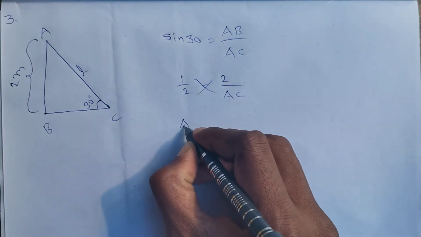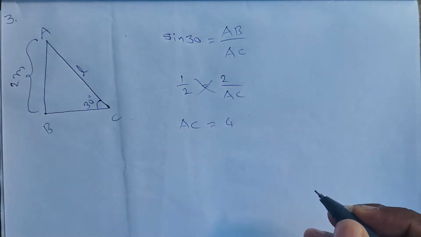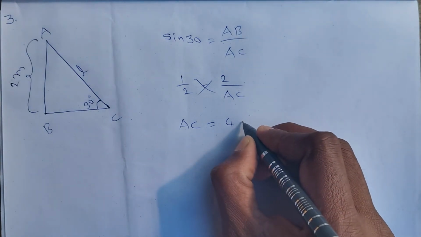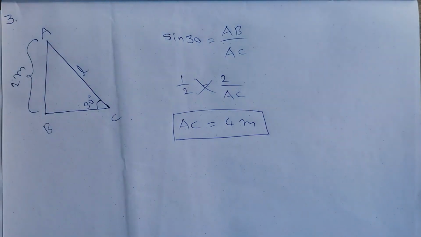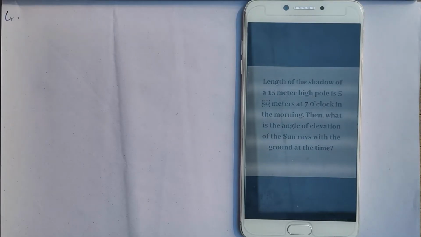AC into 1 is AC, 2 into 2 is 4. So AC is 4 meters. The length of the slide is 4 meters.